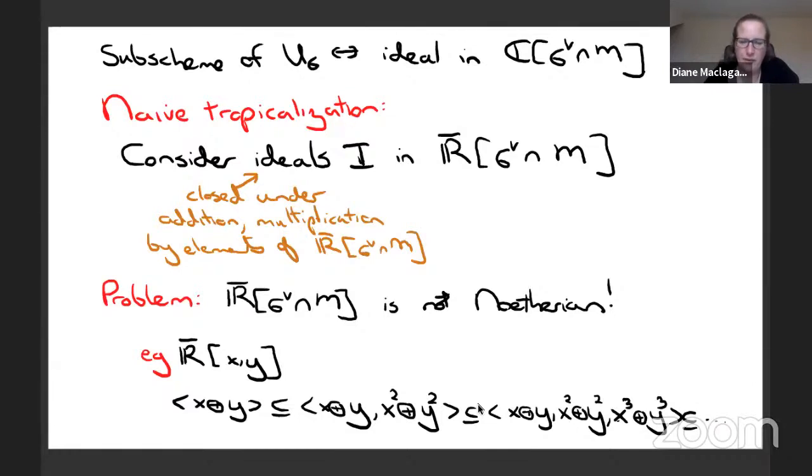Good. But being Noetherian also implies that every ideal is finitely generated. Mm-hmm. So I could take the ideal generated by all of the x to the i plus y to the i's. I claim that that is not finitely generated. Oh, I see. Thank you. Okay, great. Any other questions?